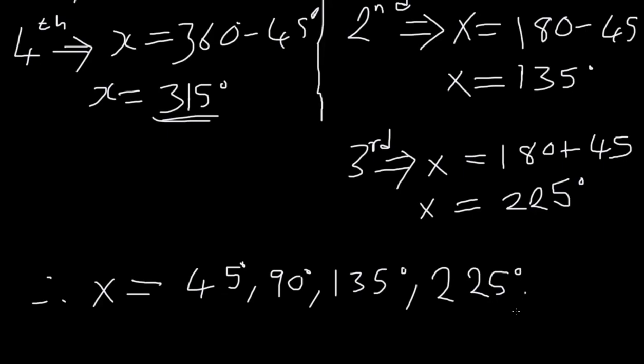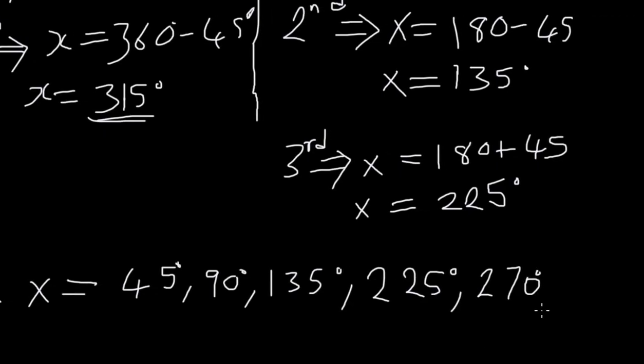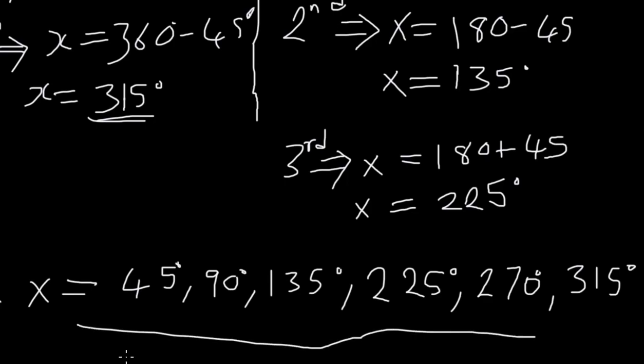Then from 225 we have 270 degrees. From 270 degrees we have 315 degrees. So these are the values of x that you're supposed to find on question 11, the specific D.